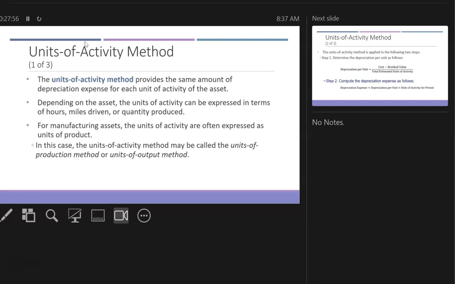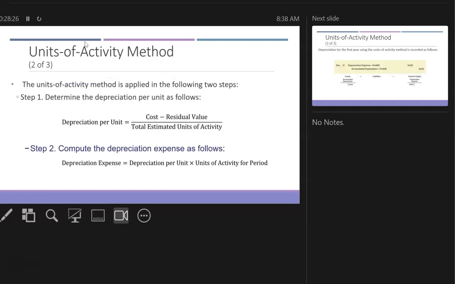It's pretty similar also. The units of activity method provides the same amount of depreciation expense for each unit of activity. Depending on the asset, the unit of activity could be hours, could be miles, or quantities produced. For manufacturing assets, the units of activity are often expressed as units of product.